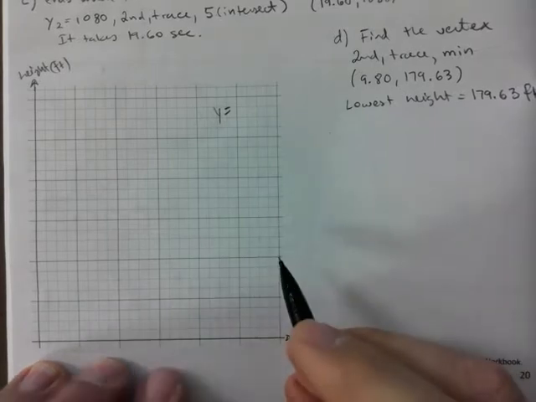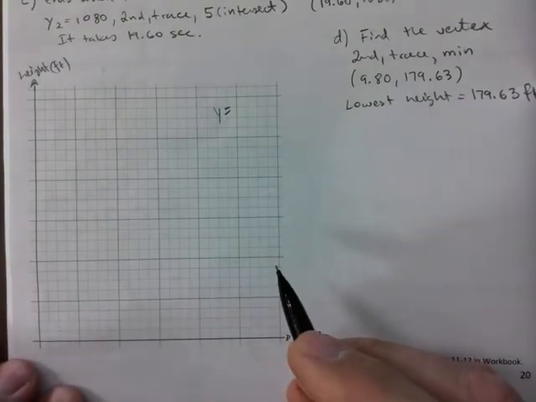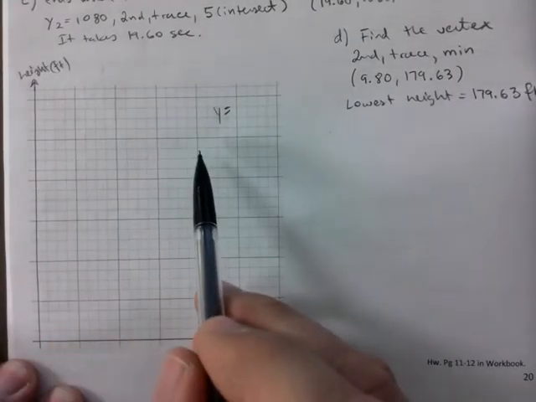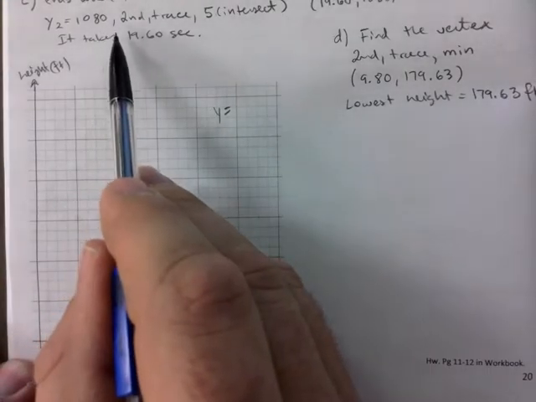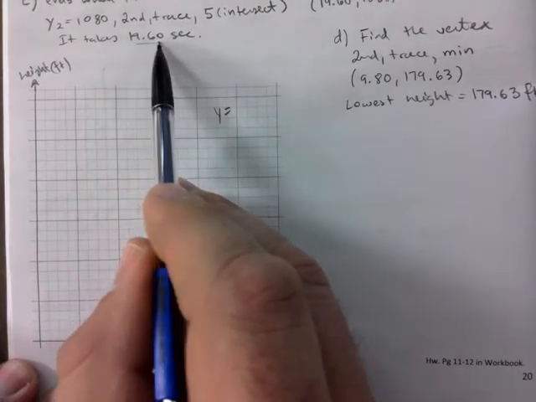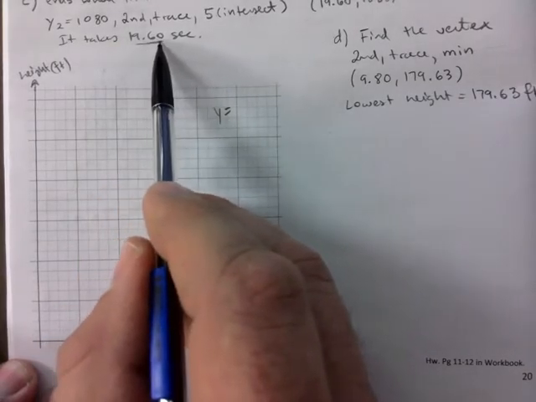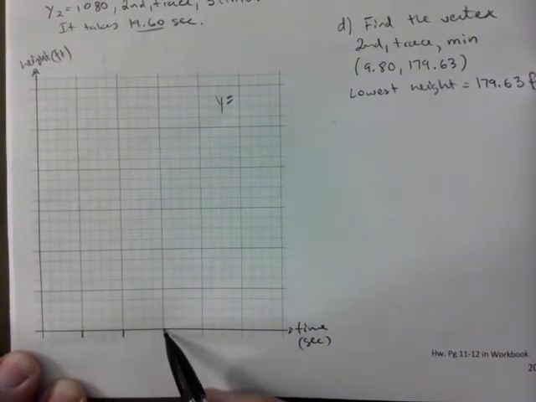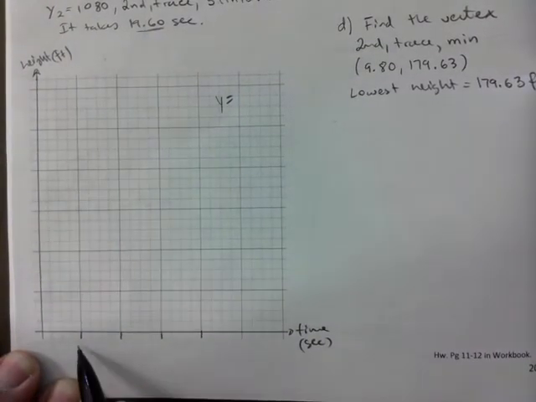Okay? And so now come up with a scale. When it comes to the x that is going to transpire, it takes 19.60 seconds for this whole thing to pass, right? So I think if I go up by 5s, 5, 10, 15, 20, that works pretty good.